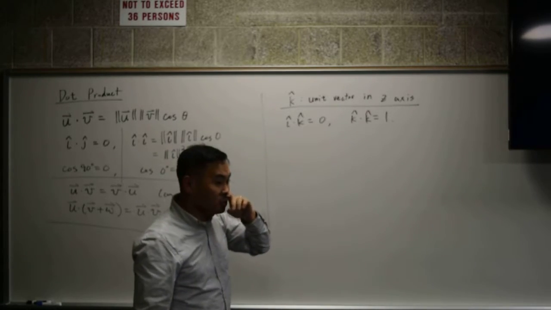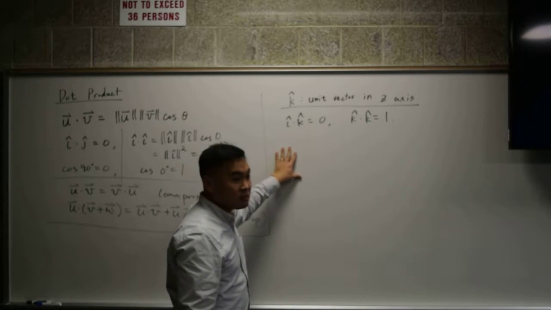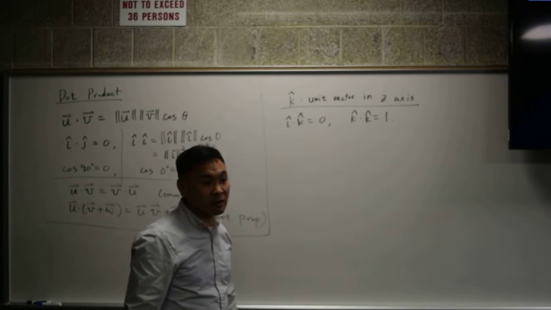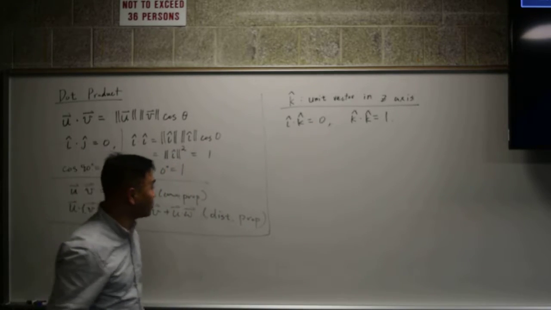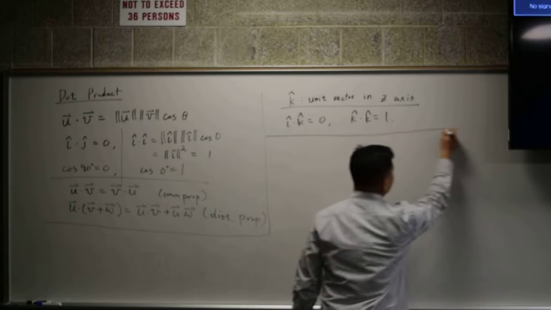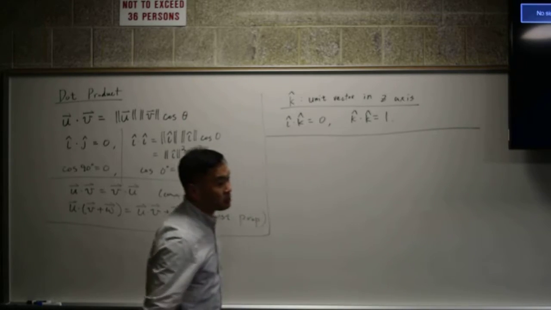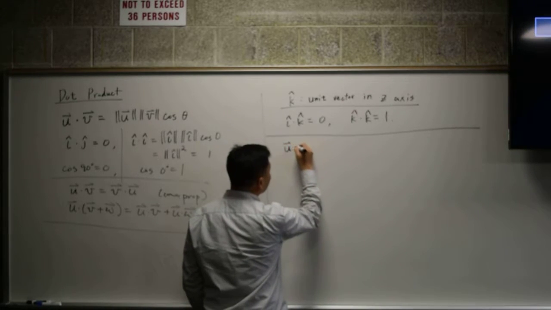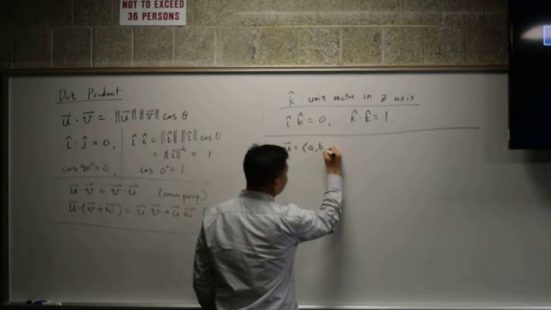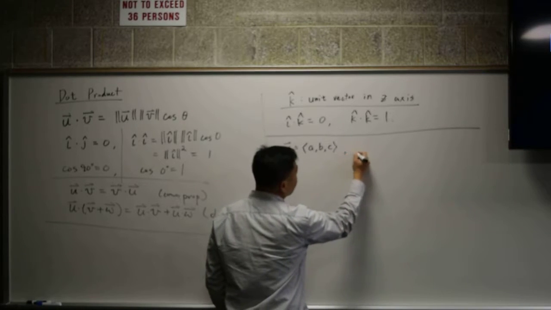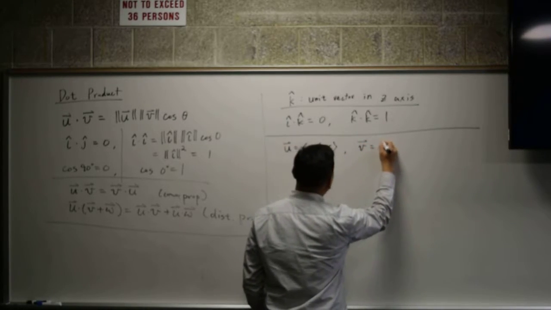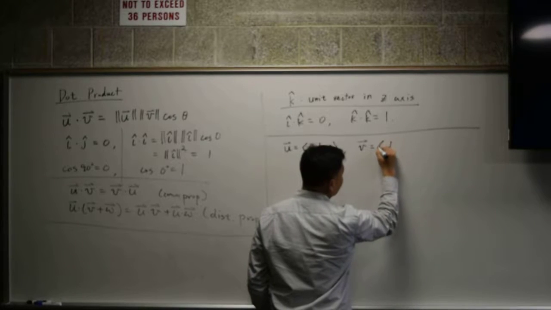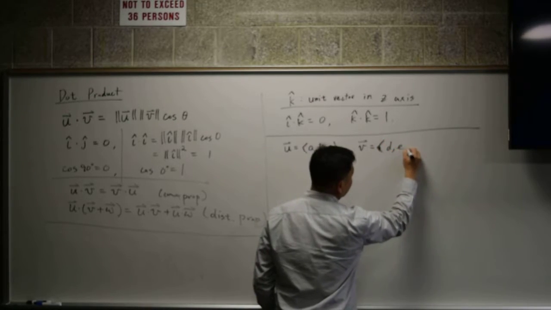Okay. So using that, let me try to figure out the formula for the dot product of two vectors. Let's say vector u is a comma b comma c, and vector v is d comma e comma f.